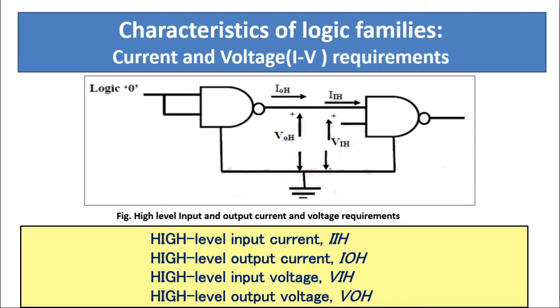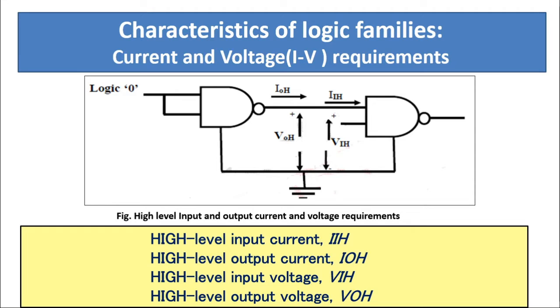For the high level input current, it is referred as IIH, and you can see in the diagram it is the current which is going into the gate. High level output current, that is IOH, is the output current when the output is at high logic level.